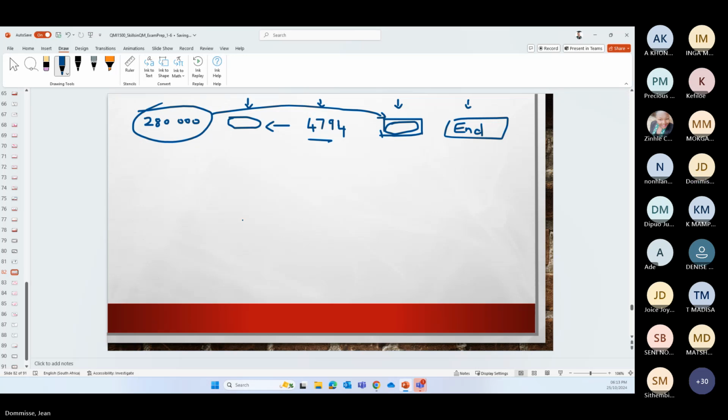Or if you want to make it easier, and that's how I always look at it, instead of all these things in between, it's the interest minus your payment, and that will be your new end value.